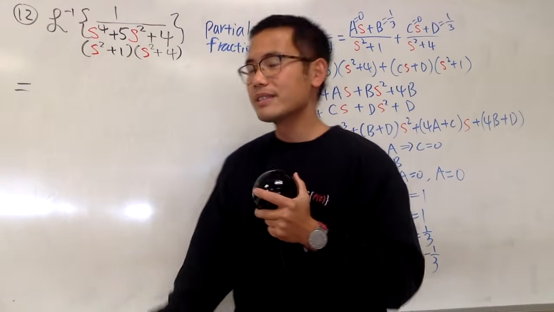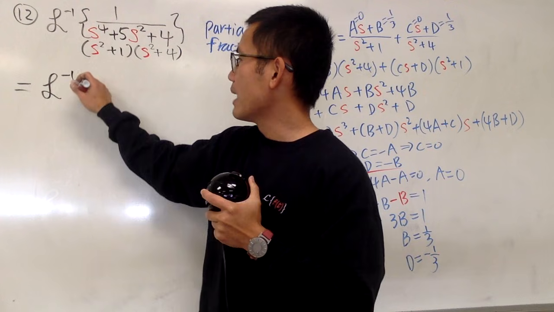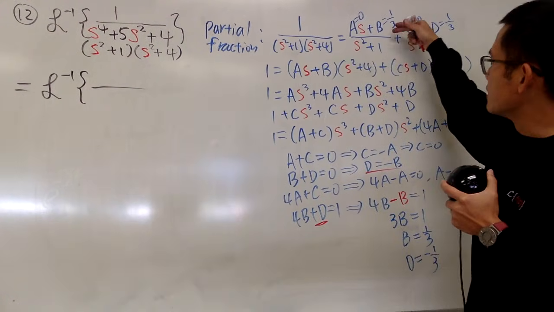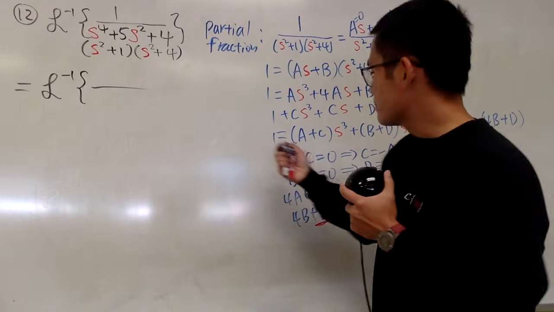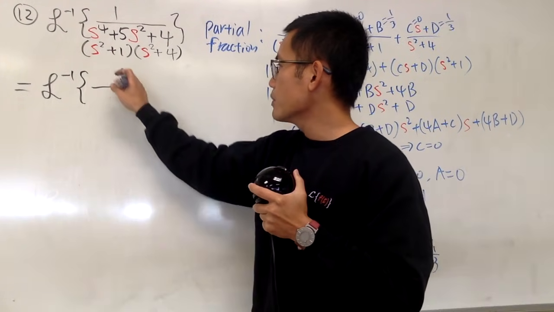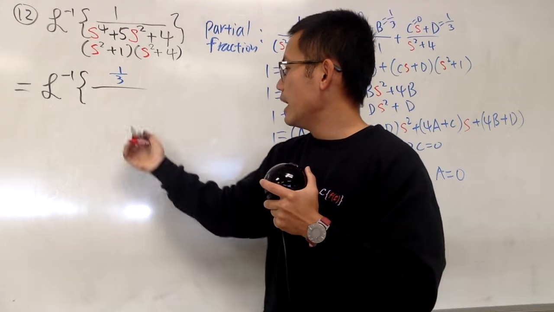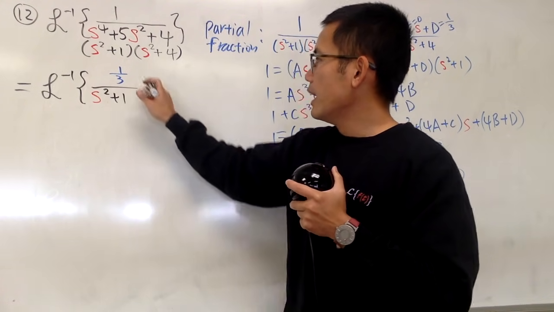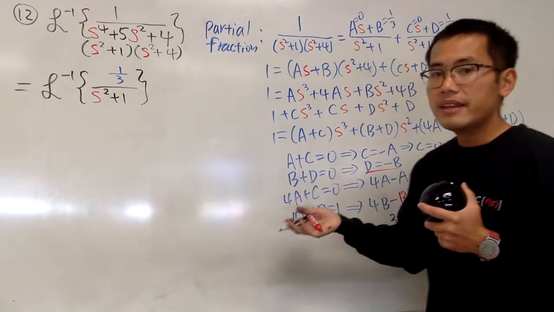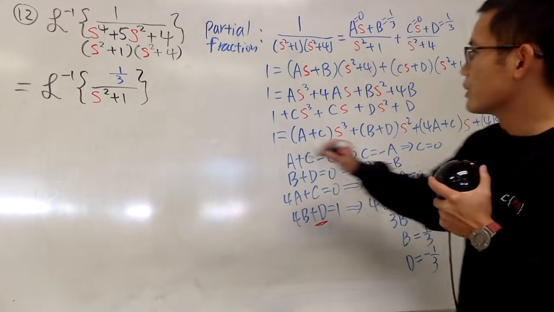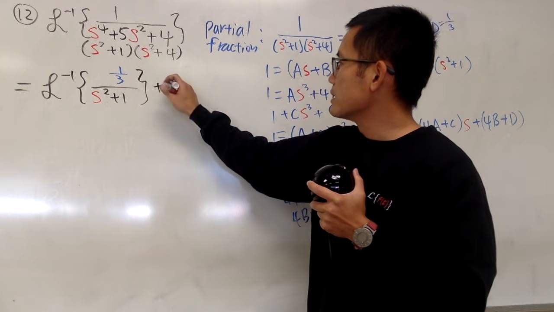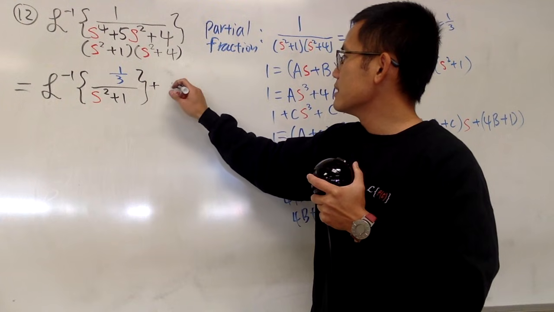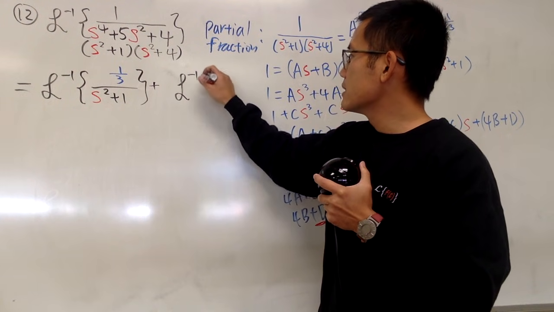Now come back here and let's go ahead and do the inverse Laplace. Let's do the first one, which is just 1/3 over s² plus 1. And then the second fraction, we just add the inverse Laplace.